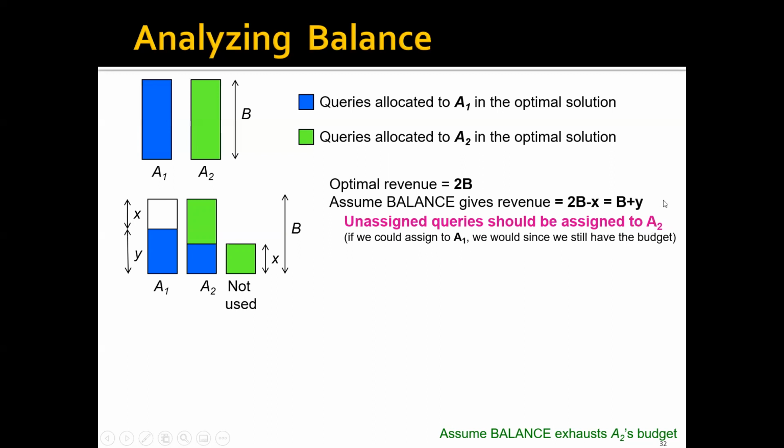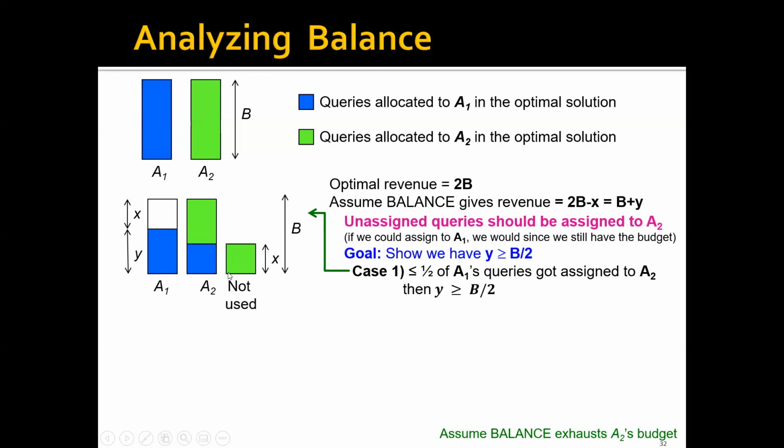This is because if this part of the unassigned queries could be assigned to A1, we would, since we can see that A1 still has the budget, right? Therefore, by proof of contradiction, we know that these unassigned queries should be assigned to A2 here. Now remember that our goal is to show that this Y is actually larger than or equal to B over 2. Now, we have two cases.